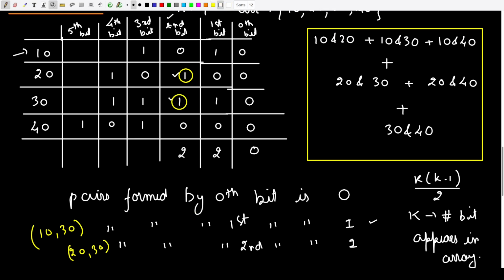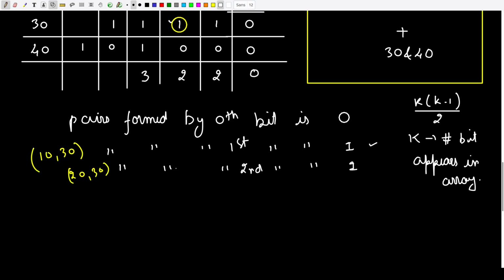Moving forward, the number of times the third bit appears in the array is how many times? Well, it appears 3 times. Since it appears 3 times, how many pairs are formed by the third bit? Let us plug k equals 3 into this equation: 3 into 3 minus 1 by 2, which equals 3.